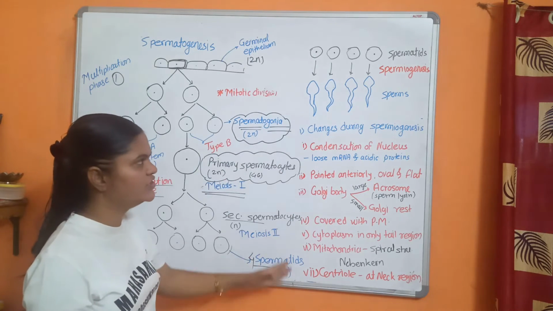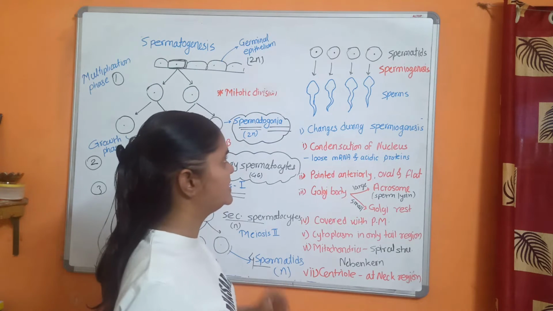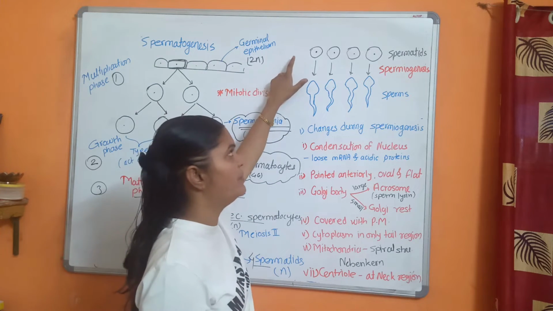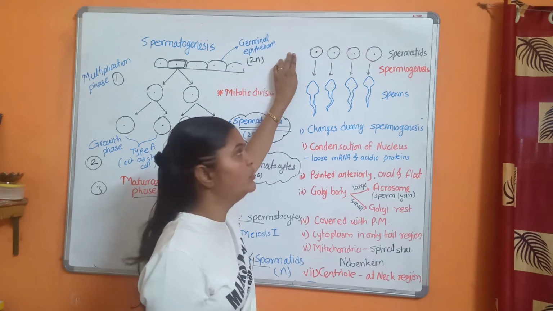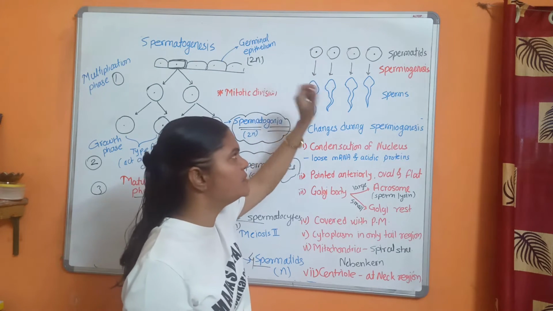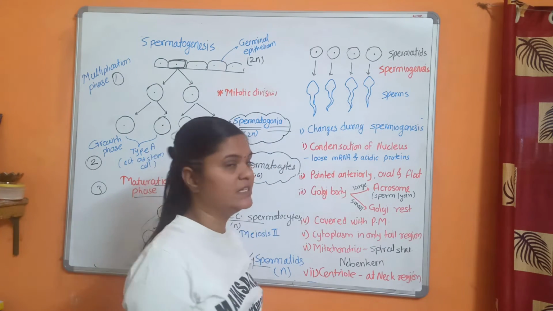These are some of the changes that occur during spermiogenesis. Spermiogenesis means formation of active sperms from inactive spermatids. So the formation of sperms from spermatids is called spermiogenesis.